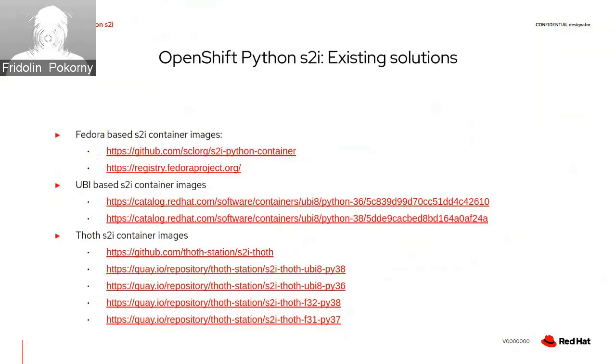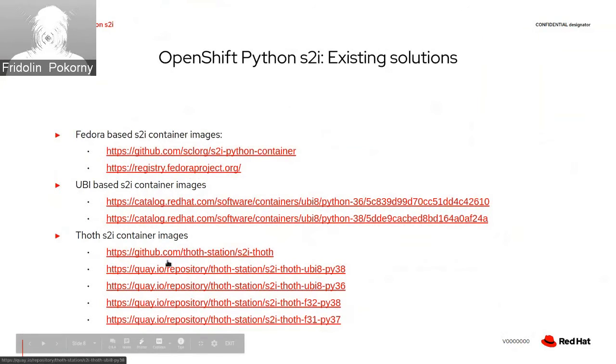Besides that, there are Thoth s2i container images. You can find a listing of these container images in the s2i-thoth repository in the thoth-station organization on GitHub. These container images are automatically built and available, so you can pull them from these links.